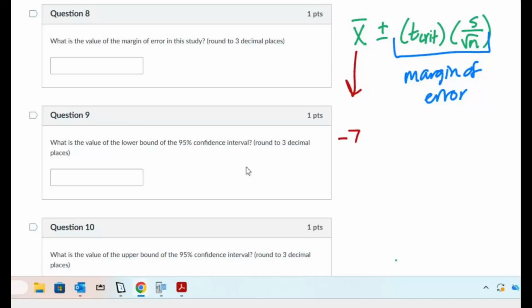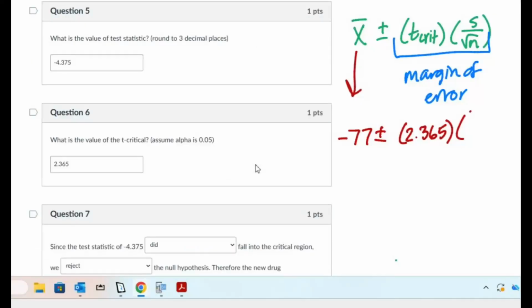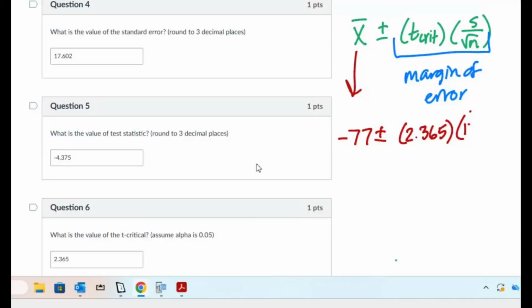which was negative 77, plus or minus T critical, which we found to be 2.365, times standard error, which we found to be 17.602.